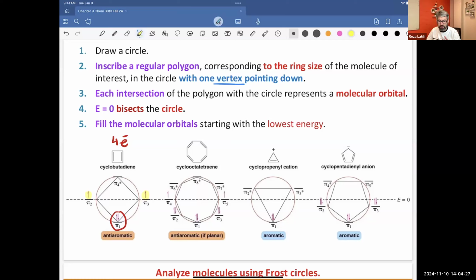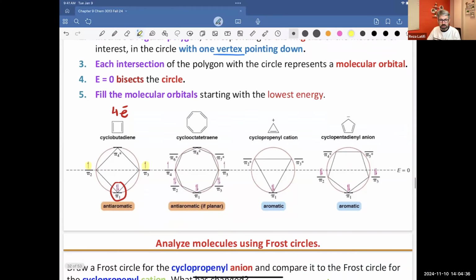cyclooctatetraene? The assumption here is that the molecule is planar, though this molecule is capable of adopting a non-planar geometry. If the assumption is planar, then I have a cyclic molecule with 4 pi bonds. That means it has 8 electrons. So this one is following 4n, n is equal to 8 divided by 4, so n is going to be equal to 2.